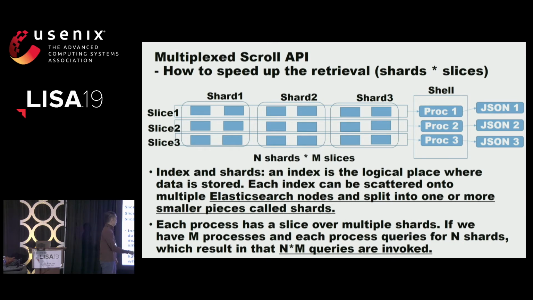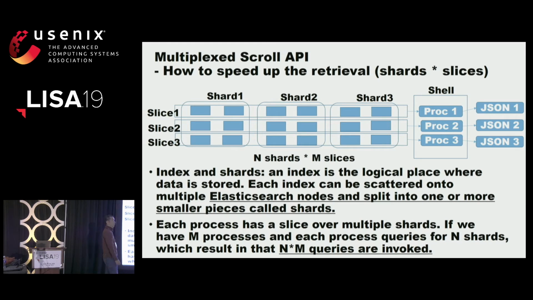As we know, an index is divided into shards. Moreover, shards can be split into several slices. And when we invoke the scroll API, each process has a slice over multiple shards.